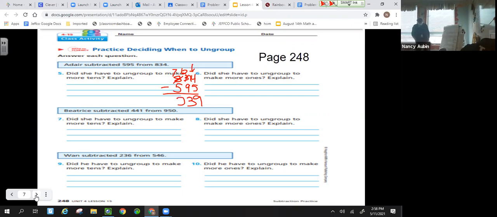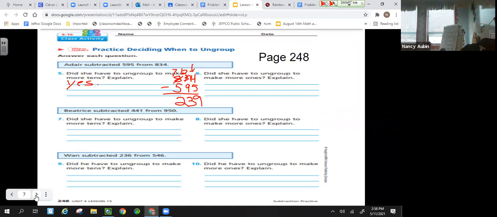All right, so now let's look at the work we just did. Let's answer the question. Did Adair have to ungroup to make more 10s? Yes or no? Yes. It says explain. Because why did we have to do that? Can we do 3, or actually it was 2 at that point.